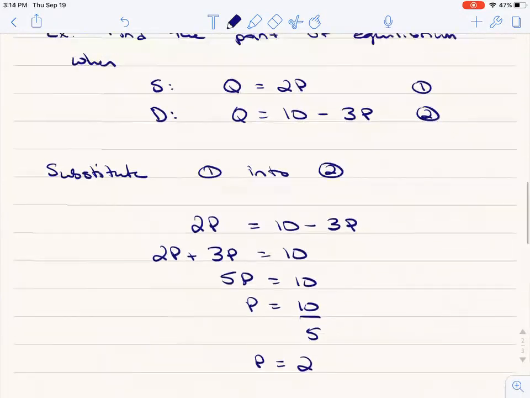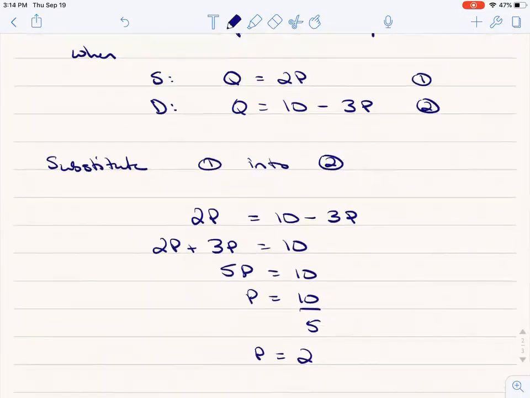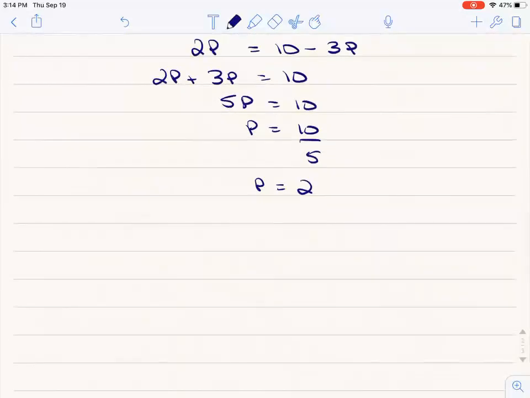If P is 2, well, we can solve for Q pretty easily, right? And so substitute P equals 2 into equation 1, or equation 2 if you want to have more work.